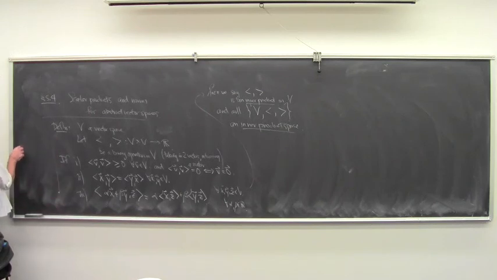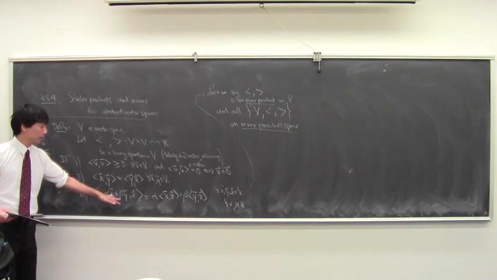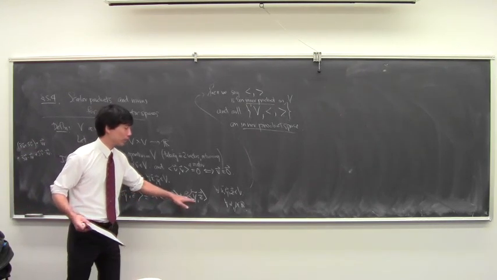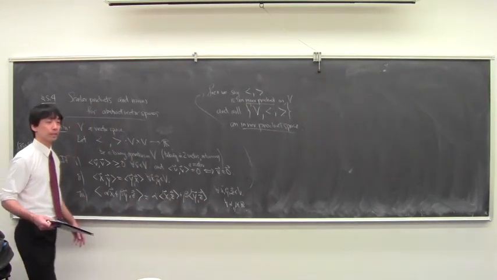If I had something like 3u plus 5v, and I took the dot product of that against some w, what's that going to equal? That's going to be 3u dot w plus 5v dot w. And so that's what you want to happen. I'd like this against that to be alpha of x against z plus beta of y against z.